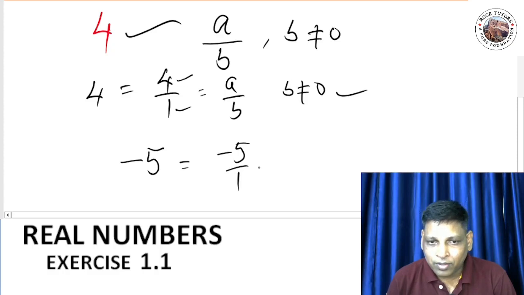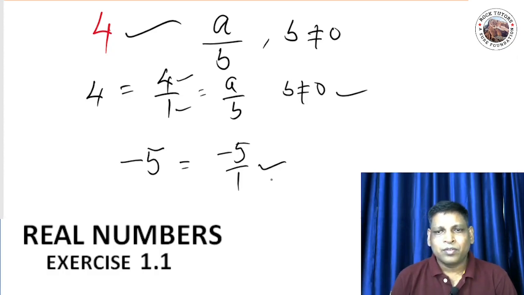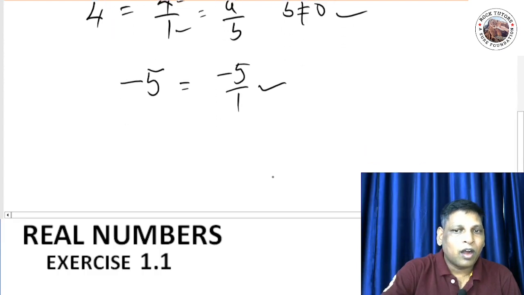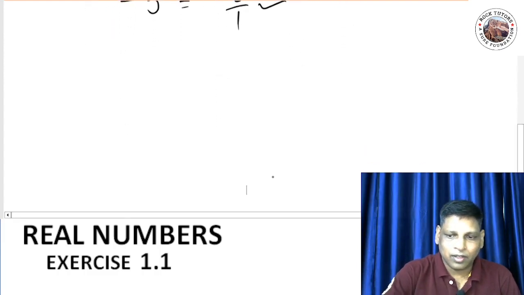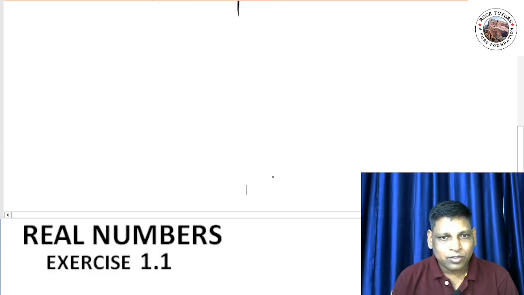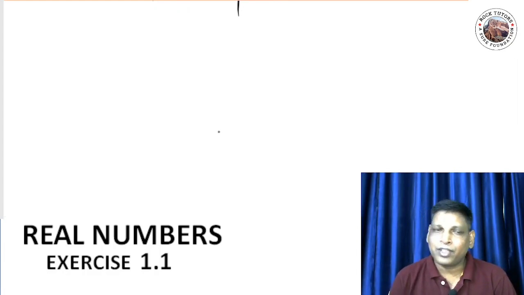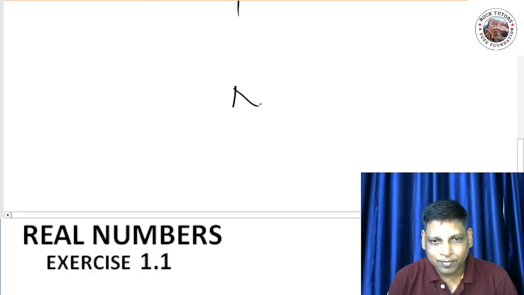So minus 5 is also a rational number. It means that all natural numbers, which start from 1, 2, 3, 4, the counting numbers, are rational numbers.